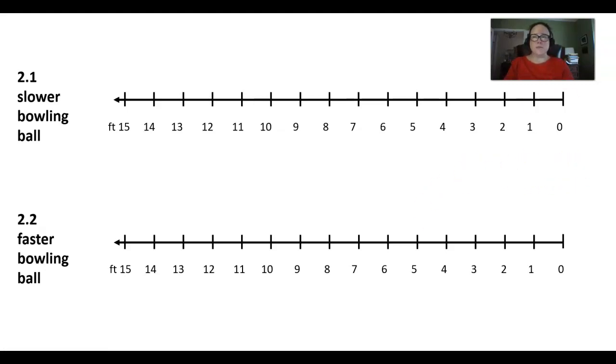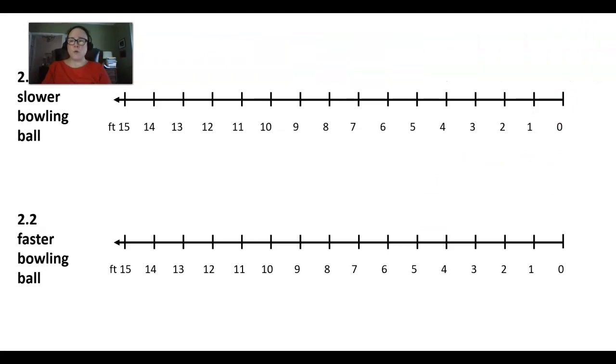To do a motion map, I'm going to put position dots, small dots that indicate the position of the bowling ball every second. Now, I'm going to say that at time 0, the bowling ball was at position 0. And so I will put my first dot at the 0 position.